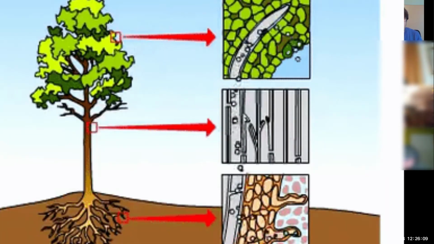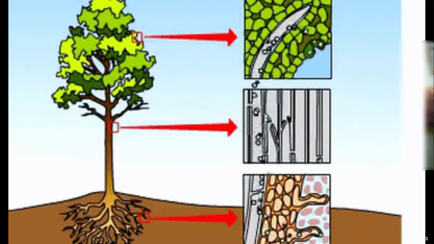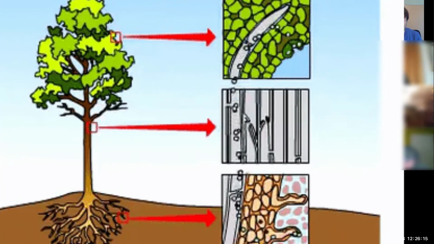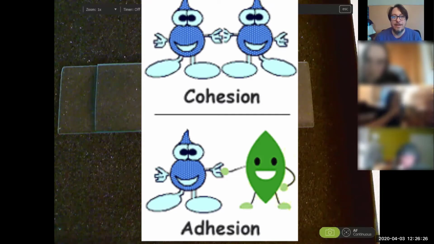And so this is actually how water moves up into trees. The water encounters the roots, which are made of a polar substance, and they just move up right along the inside of the vessels of the tree. And that is the magic of capillary action, which is a combination of both adhesion and cohesion.